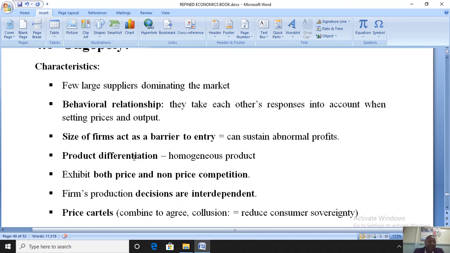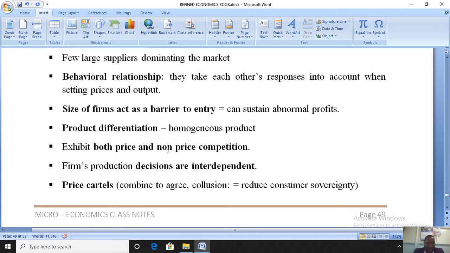Product differentiation is one of the barriers, of course, because the product is usually homogeneous, but firms try to use product differentiation, sugarcoating the products in order to entice customers. And firms there exhibit both price and non-price competition. Firm production decisions are interdependent, and of course that relates to the behavioral relationship of the firms.